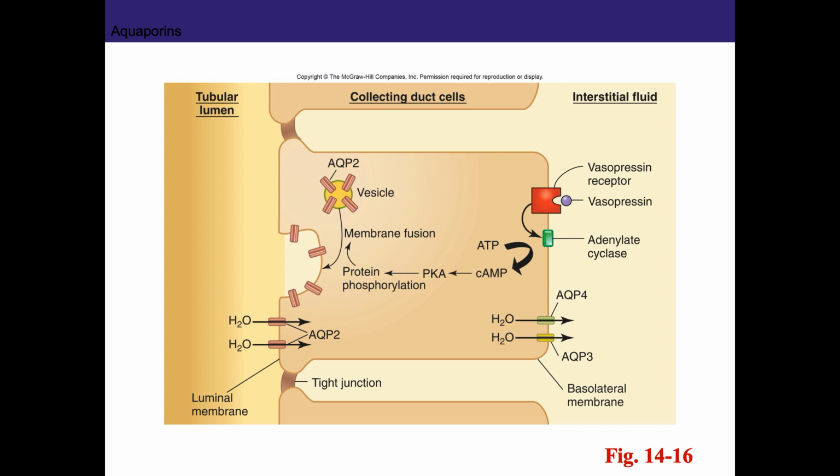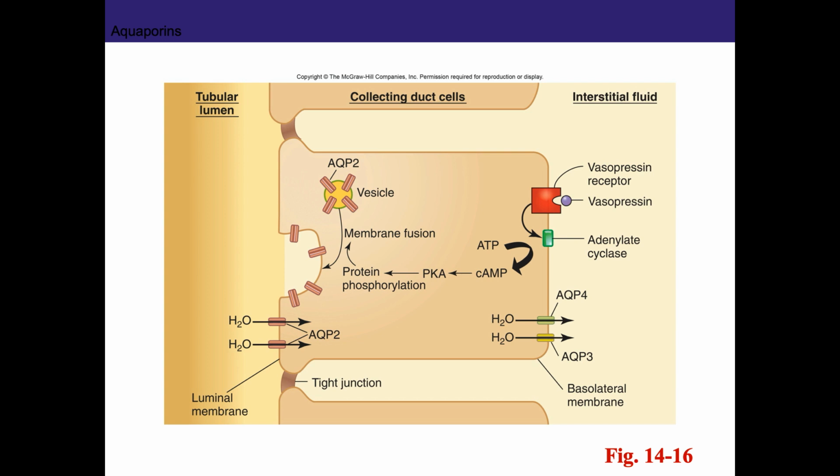Gs coupled, right? It triggers adenylyl cyclase to increase its activity. ATP is converted to cyclic AMP, which increases PKA, and basically you have these preformed aquaporin channels just sitting right underneath the apical membrane.